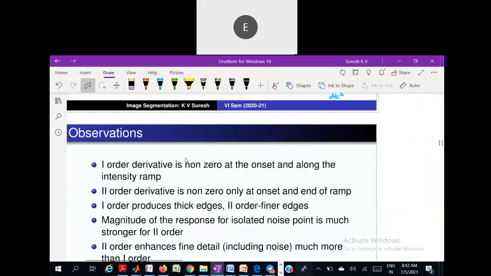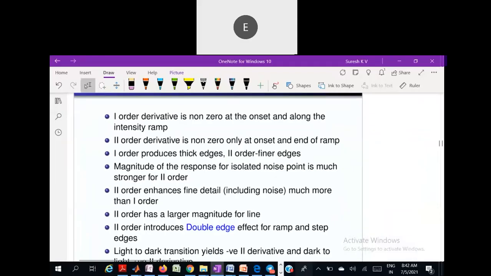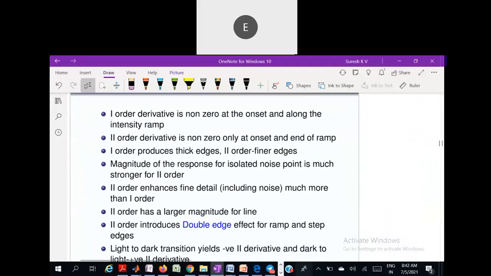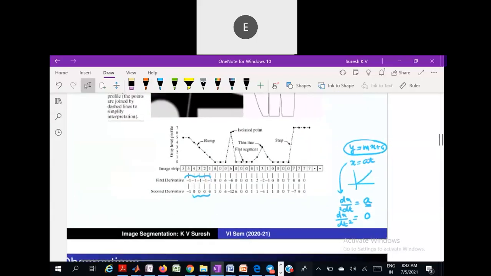I think we will just complete this observation and stop for today. So these are the observations. Please understand, first order derivative is non-zero at the onset and along the intensity ramp. This is what you have seen. Not only near the ramp, along the entire region of the ramp, it is non-zero.